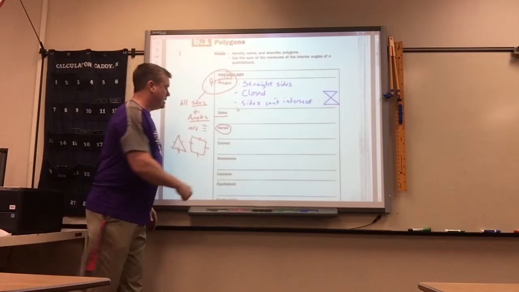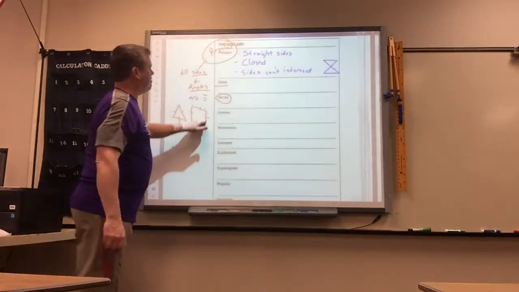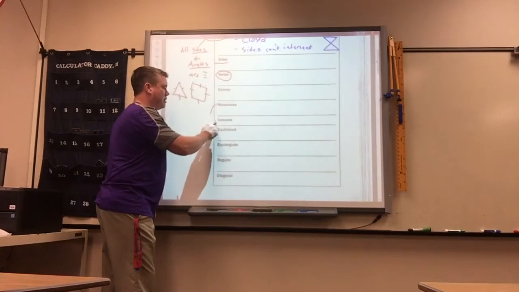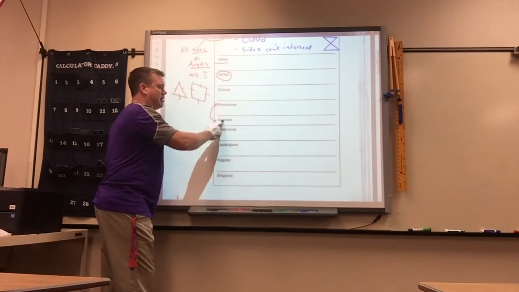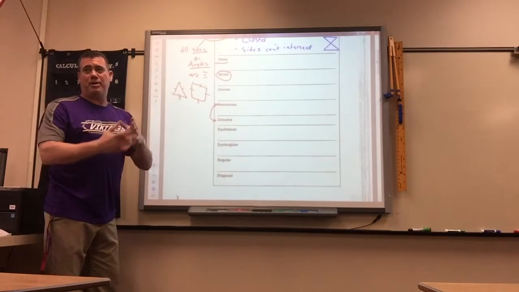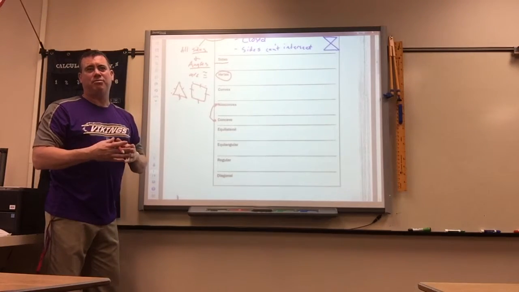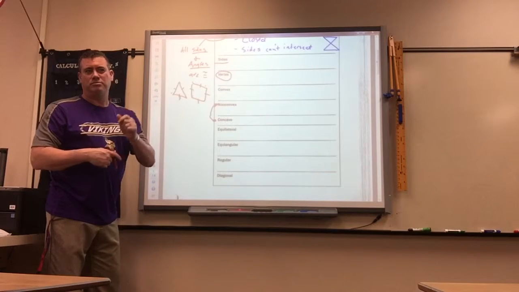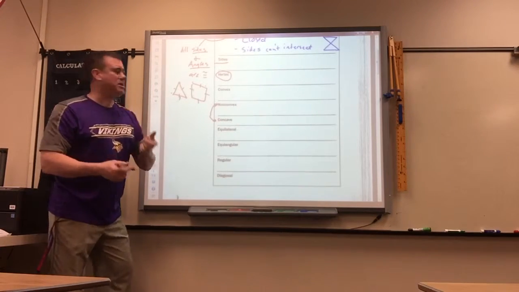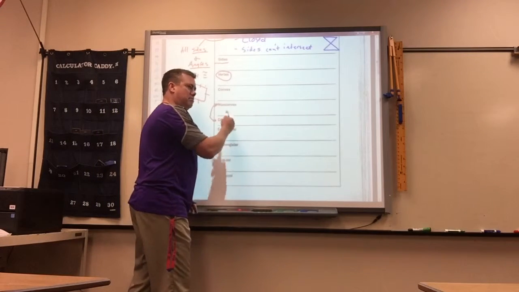Okay. Convex and non-convex, I don't know why they do that. These two mean the same thing. If it's non-convex, that means it's concave. But remember the difference between convex and concave? The easiest thing to remember is concave.